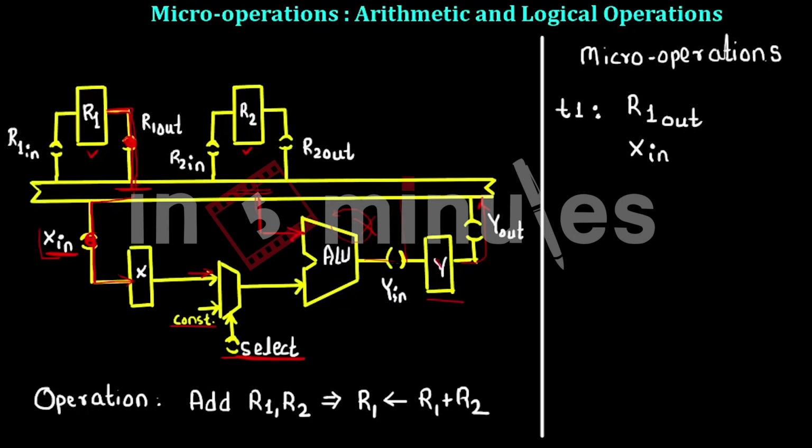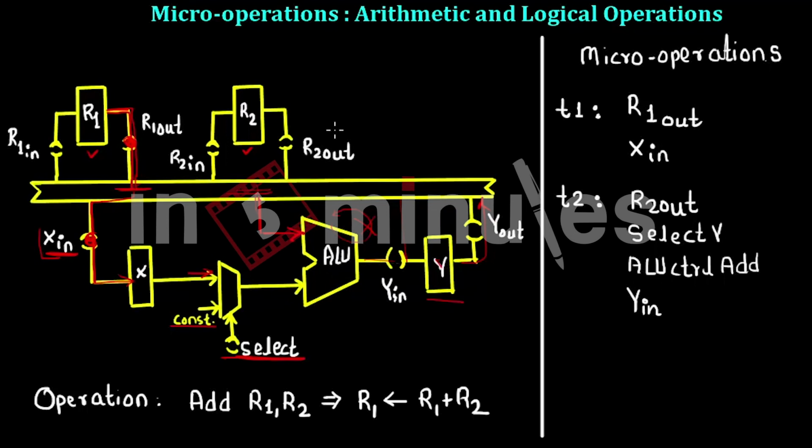Now in the next T cycle, we have these control signals active. In the second T state, R2 out is on. So the data from R2 is, this time, on the bus. Now we want to add this data to the data from X. So we have to select the select line such that it forwards the data stored in X, which was the data from R1, to the ALU.